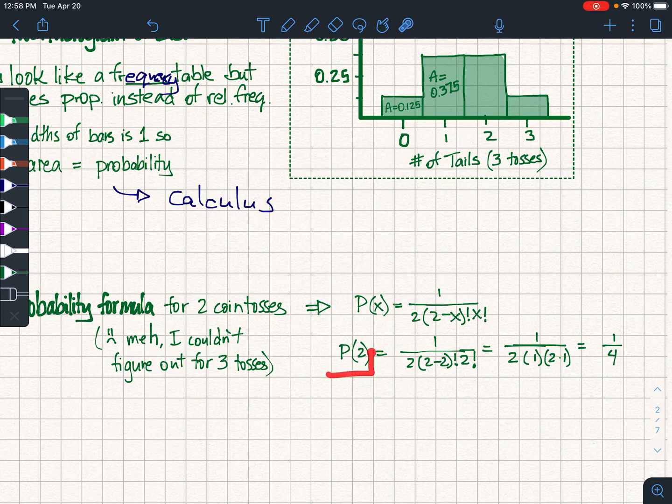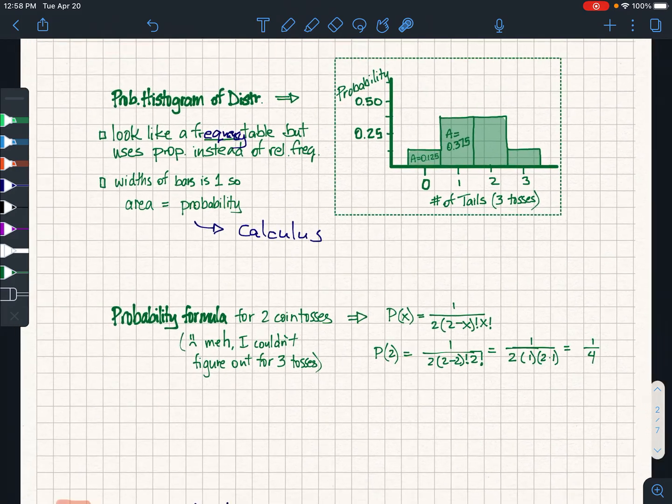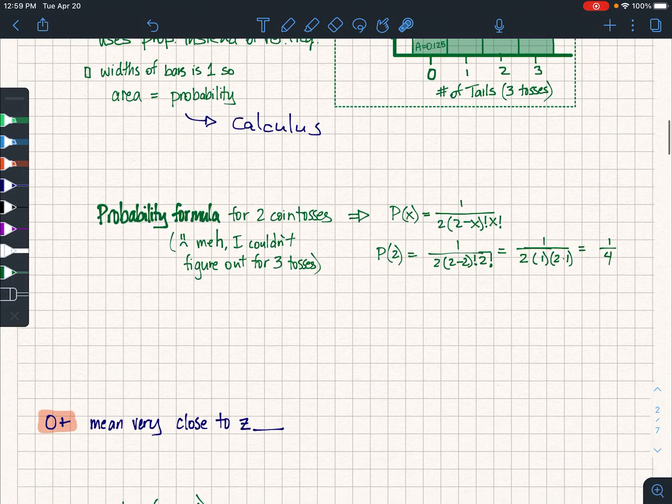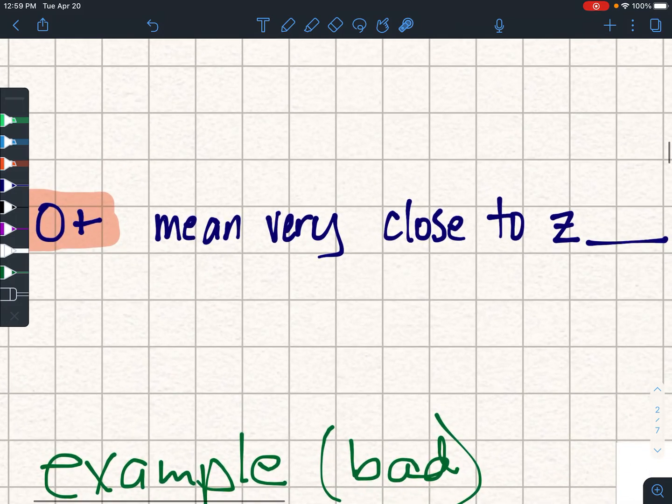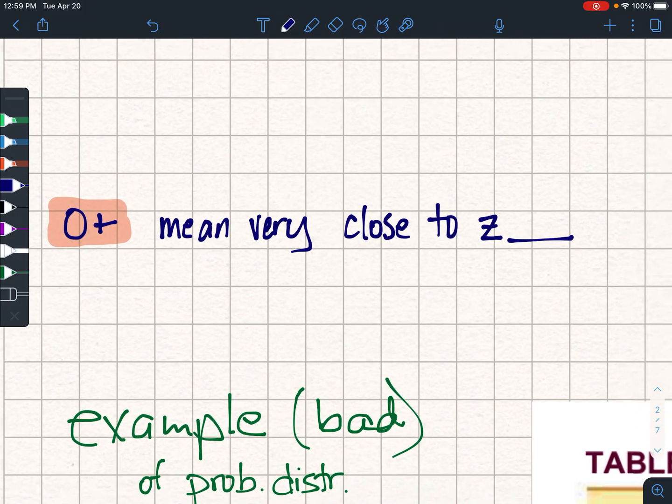So here we can see the probability of getting 2 heads or tails, doesn't really matter, in a 2 coin toss is 25% chance. 1 out of 4. A new notation that is going to be coming up is 0 plus.